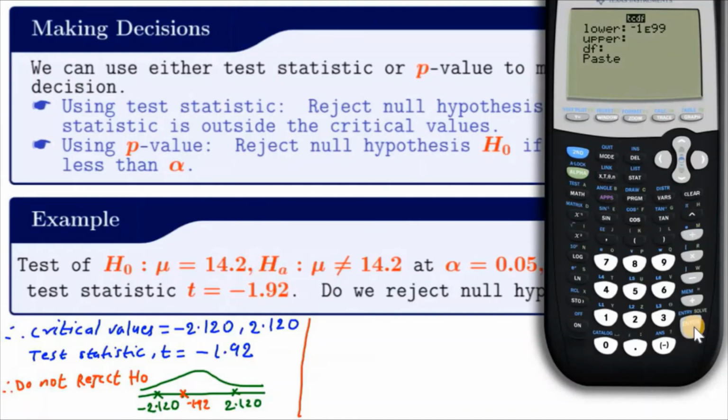So enter some large negative number like negative 999 for lower value, and for upper value we'll be using negative 1.92, and our degrees of freedom is 16.